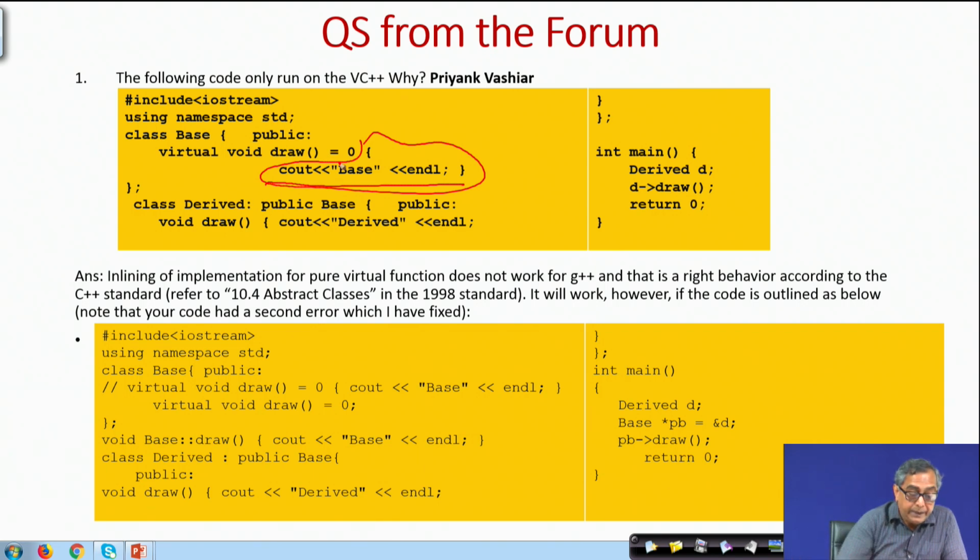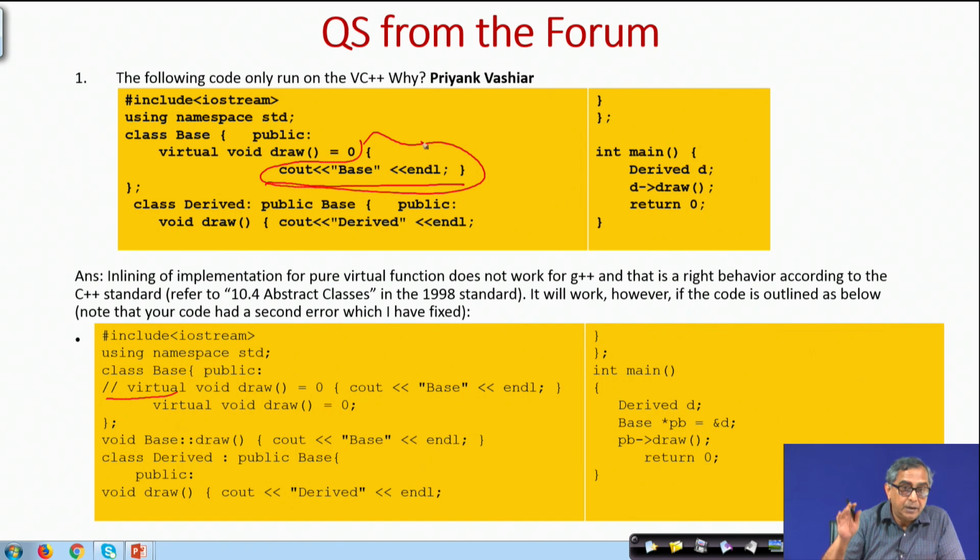So, that can be written, but the only problem that the example had is that for a pure virtual function, if I provide the body, that cannot be provided within the class according to the standard. So, that was an oversight, and this particular code will not compile in GCC.